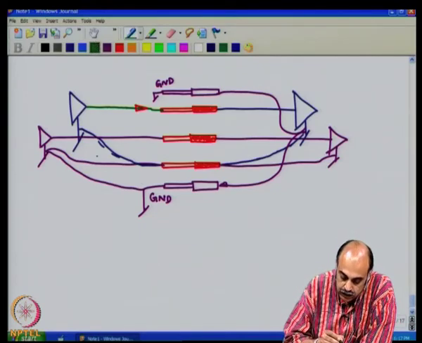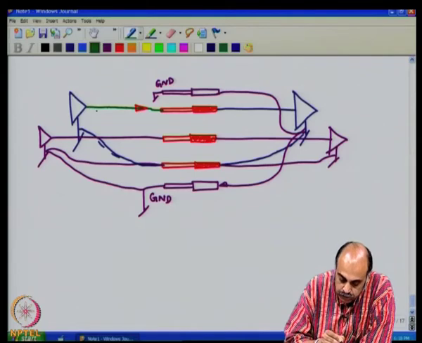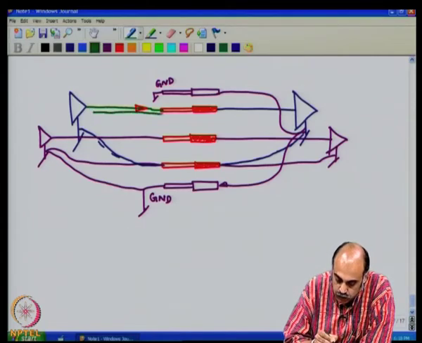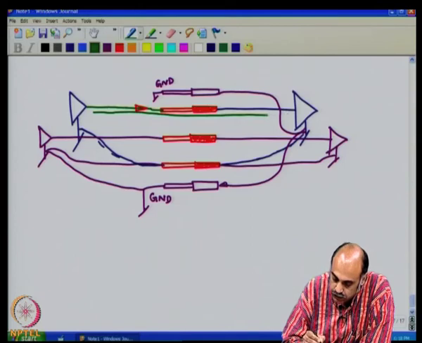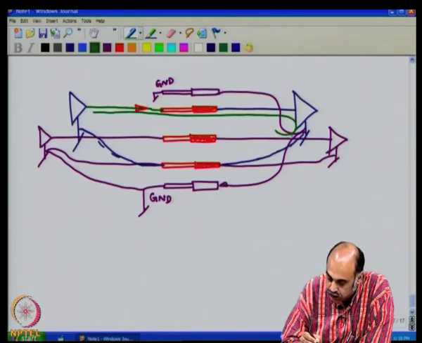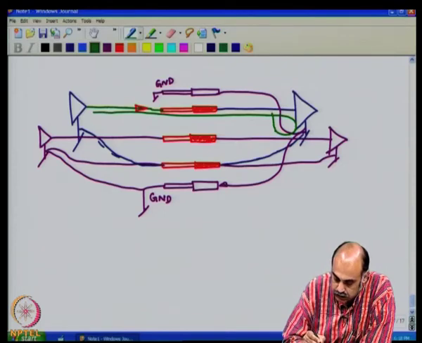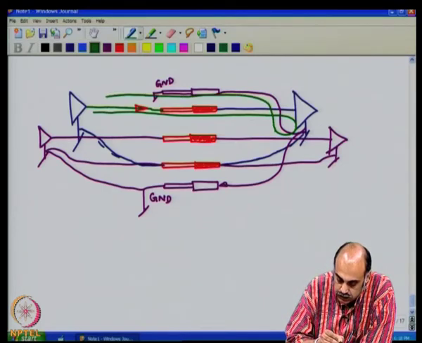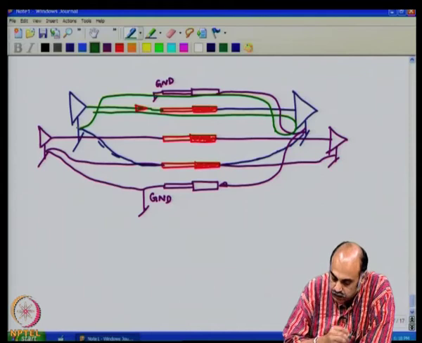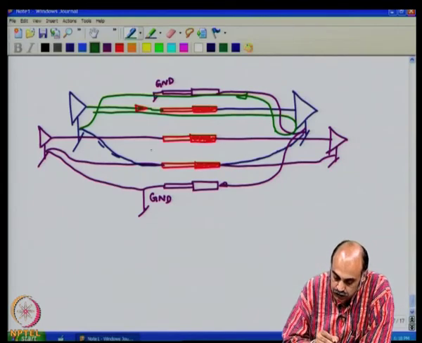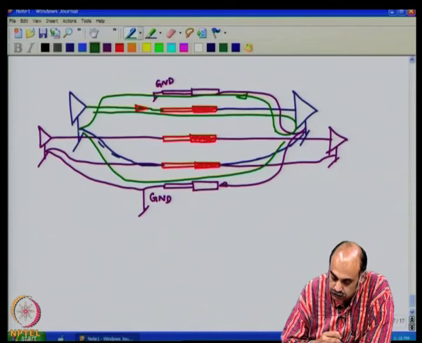So, if you look at this loop, if you take this loop, goes through like that, and the one return path is through this to this ground, this is the return path, and the other return path is through this ground, let us say, and back here.